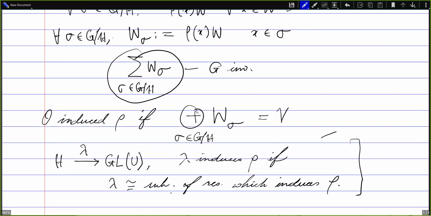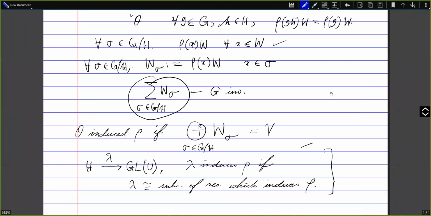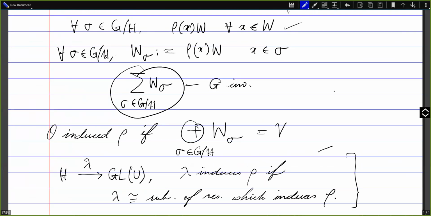So in simple words, if lambda is isomorphic to something, some subrepresentation of the restriction, that induces rho. Okay, so this is the definition of induction of representations.